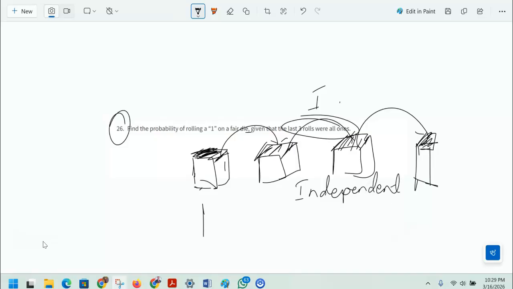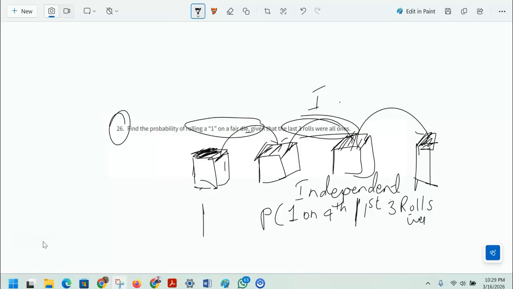So in the last three rolls, what is the probability of getting a one on the fourth, given that the first three rolls were one, is the same as the probability of one on the fourth roll.